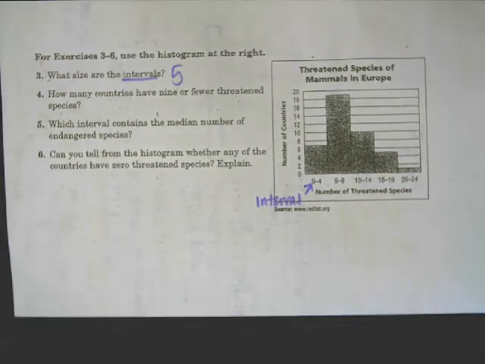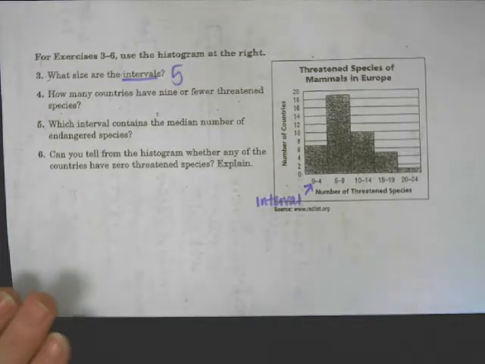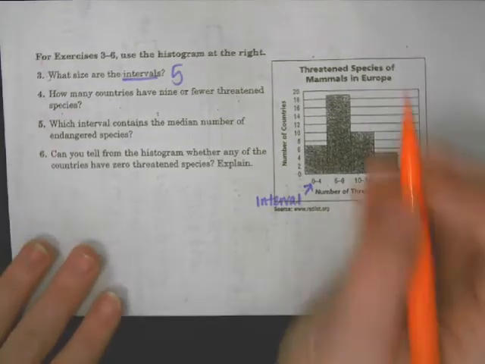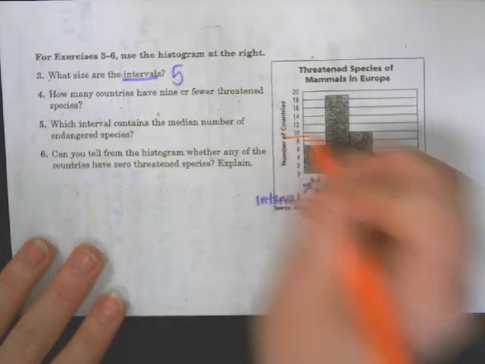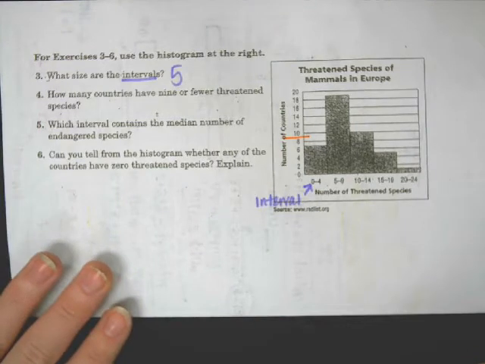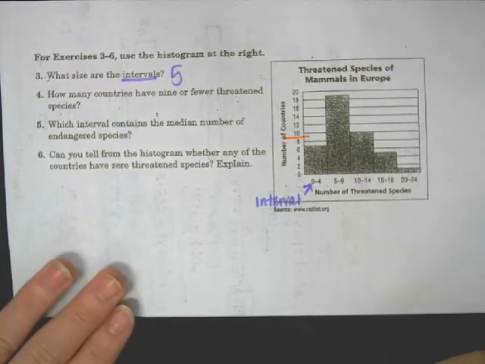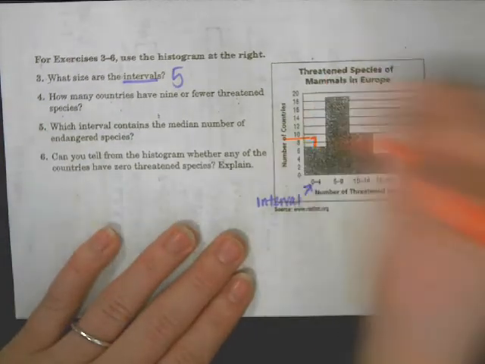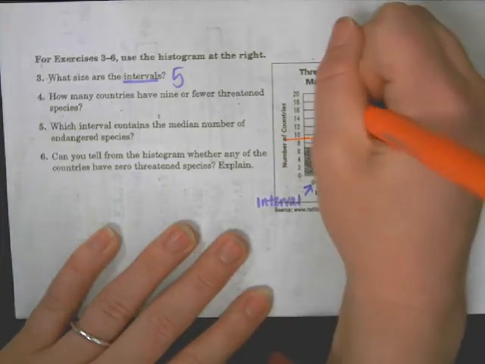Now, question number 4 says, how many countries have 9 or fewer threatened species? We're going to look here and say 9 or fewer. So here's the number 9. We're looking to see which one has 9 or fewer. I'm going to go ahead and say this one has 7. This has 19.